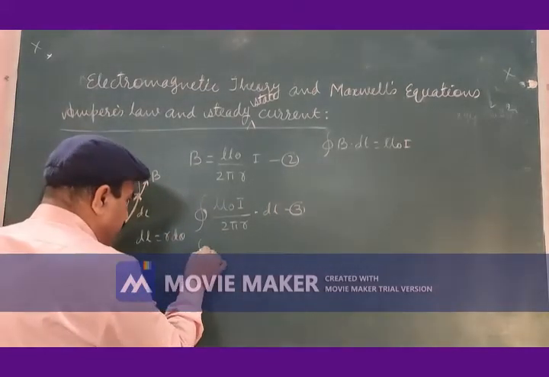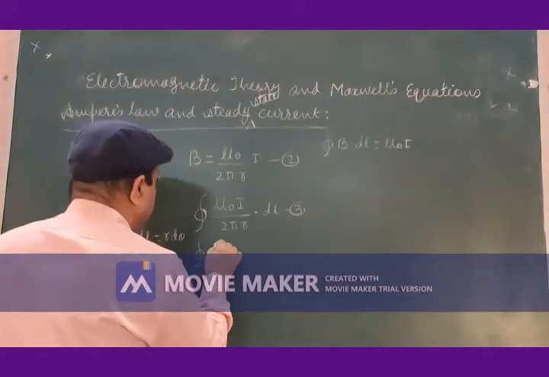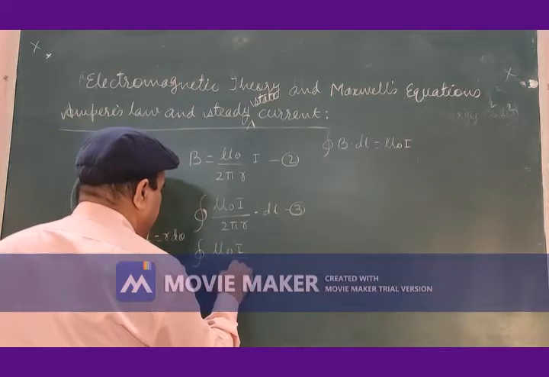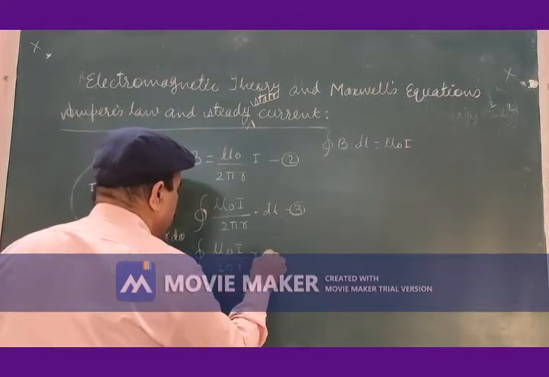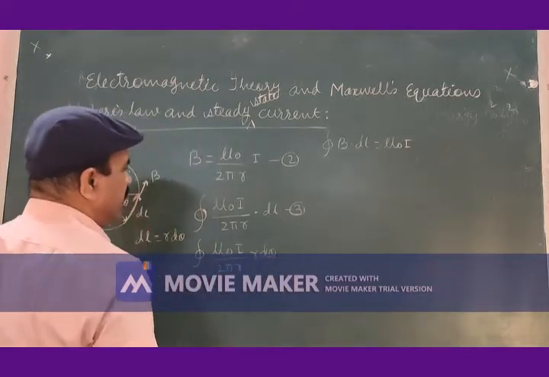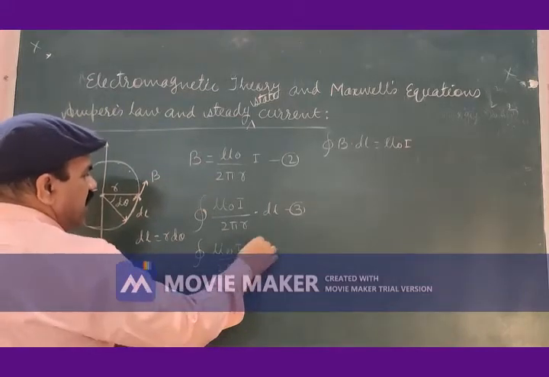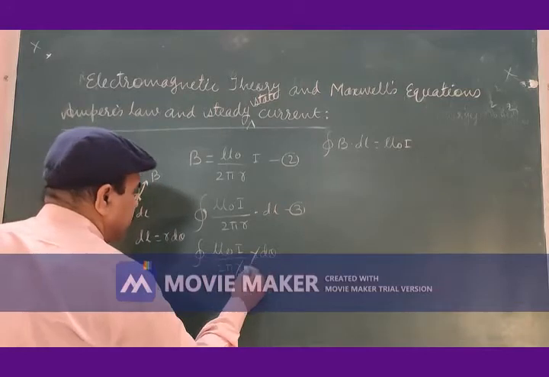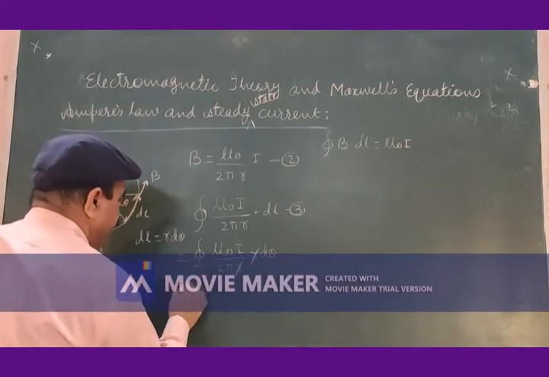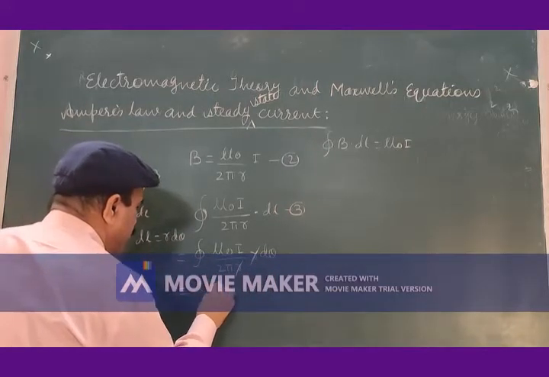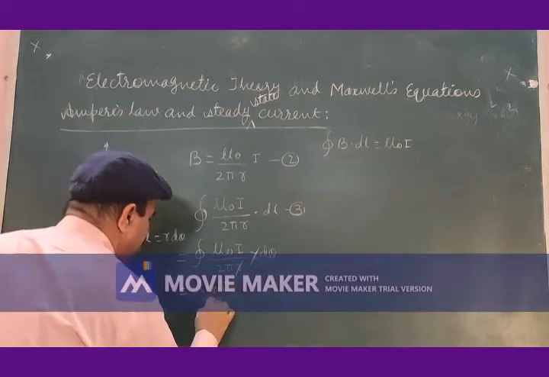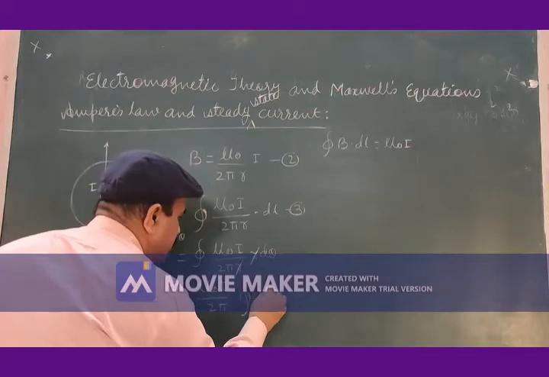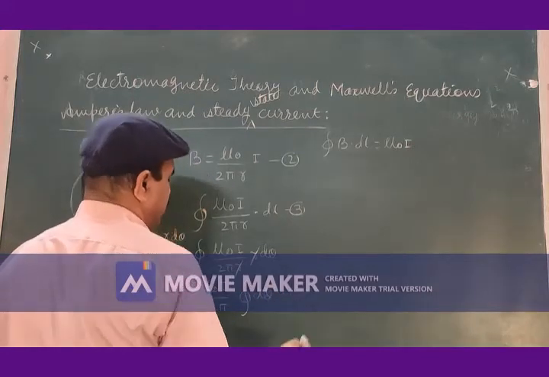So equation 3 now becomes mu 0 I divided by 2 pi r into r d theta. This r gets cancelled. Mu 0 I divided by 2 pi is constant, so it is taken outside.